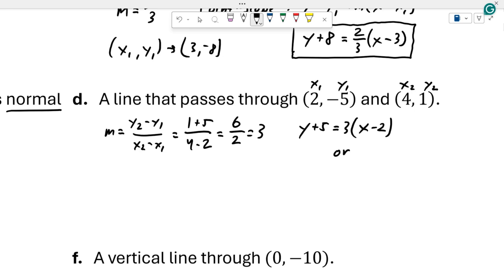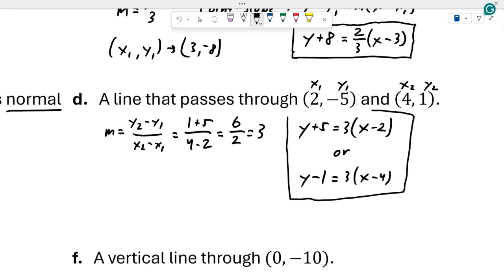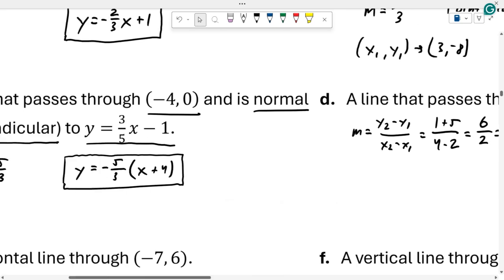You could also use the second point, 4 comma 1. In that case, it's going to be y minus 1 equals the same slope of 3, parentheses, x minus 4. And so either one of these is a perfectly valid answer for D. So we got our slope, and then you just have to pick a point and use point-slope form to give the equation.